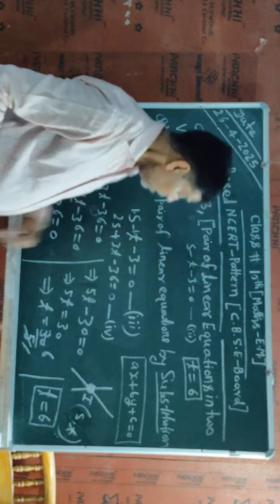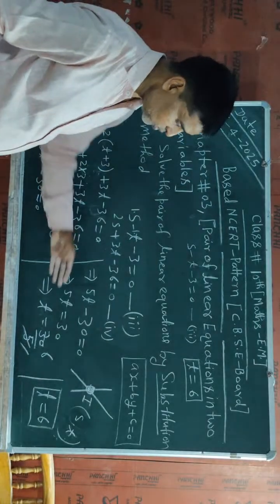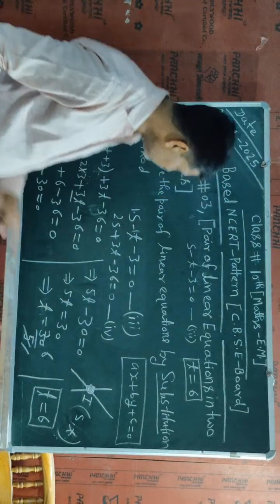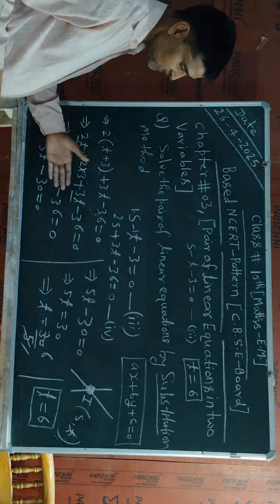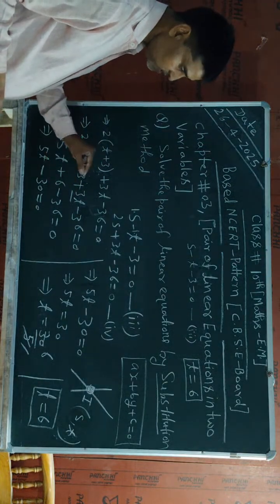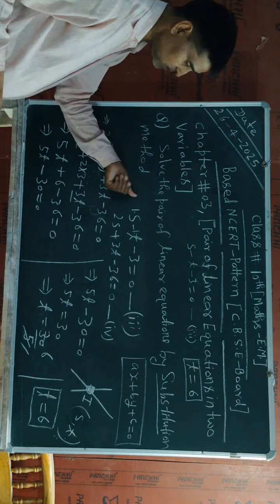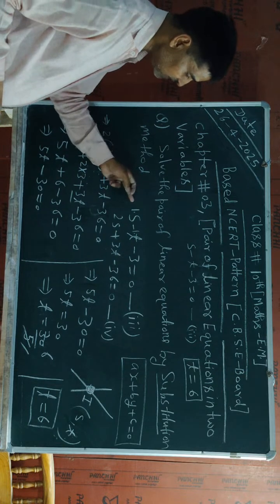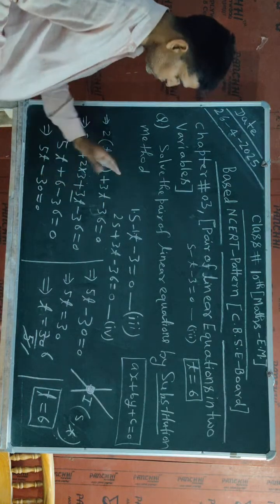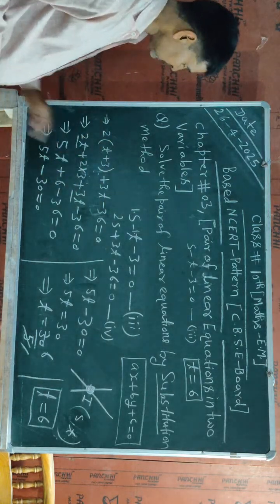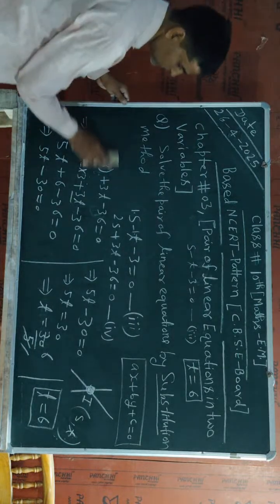Okay, students. So here I have already got the value of t. Now I will erase this data and I will write one statement, and I will use that statement in equation number 3, and then we will get the value of s. Okay, student. Further I am going to erase this data.